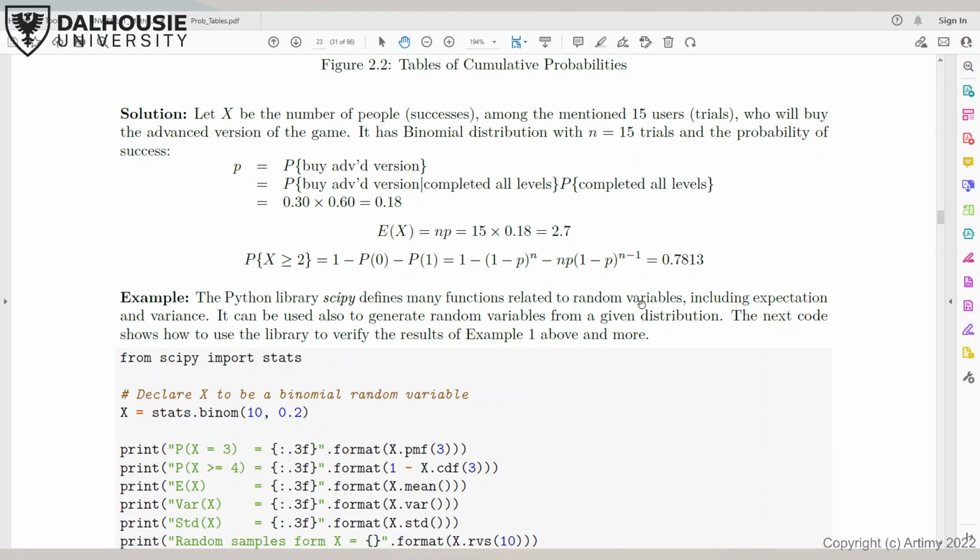One of the things that we can find right away is the average number of people who will buy it. That is the expectation, which is NP. So n = 15, p is 0.18, so we get 2.7. Among 15 users, on average, about 2.7 of them will buy the game.